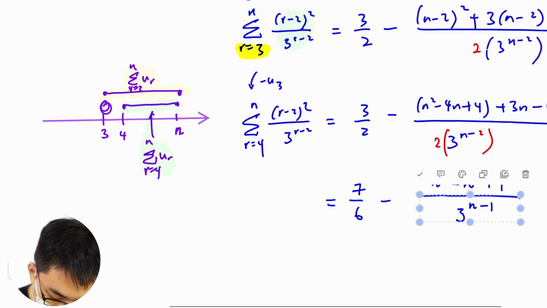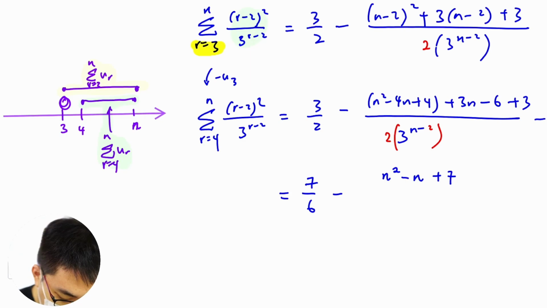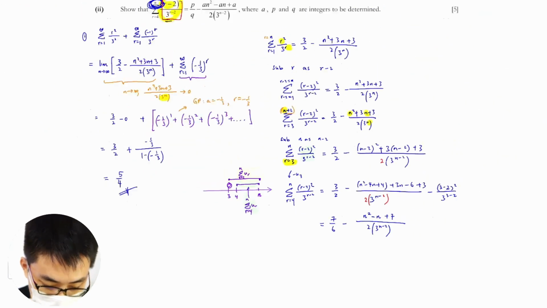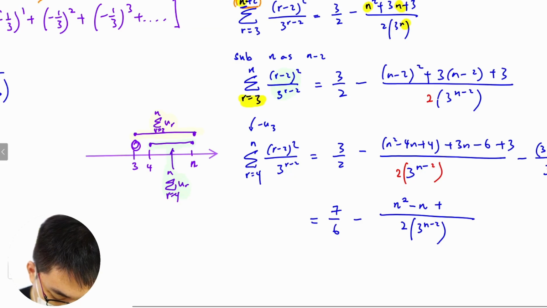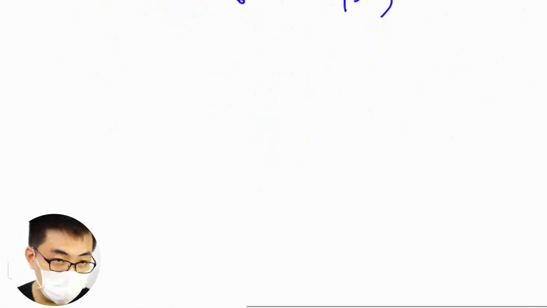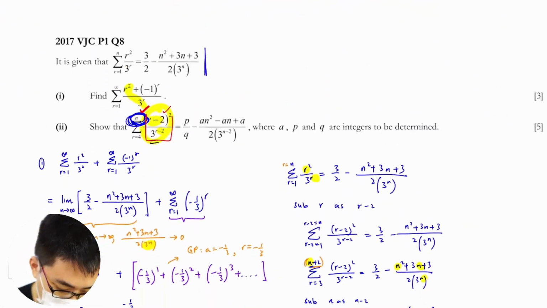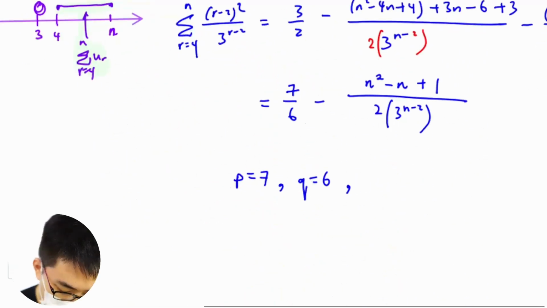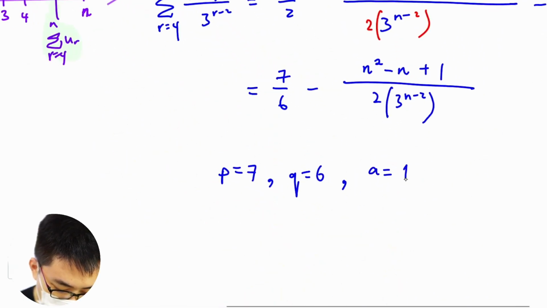Copy wrong, sorry. So I got p is 7, q is 6, and what is 1? This one.